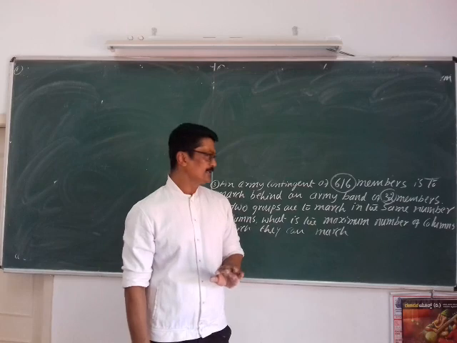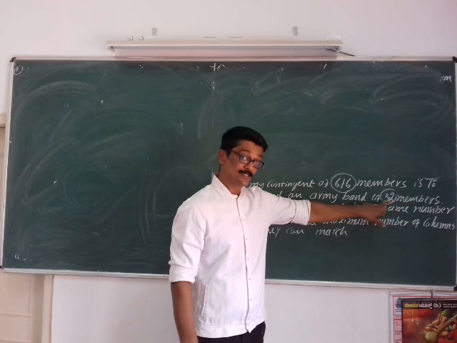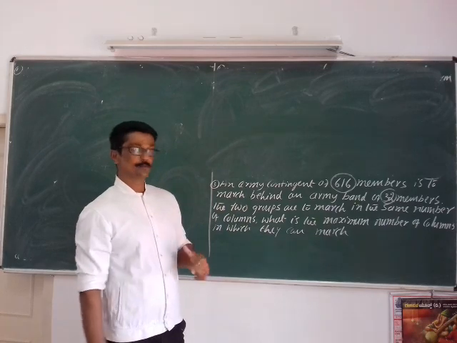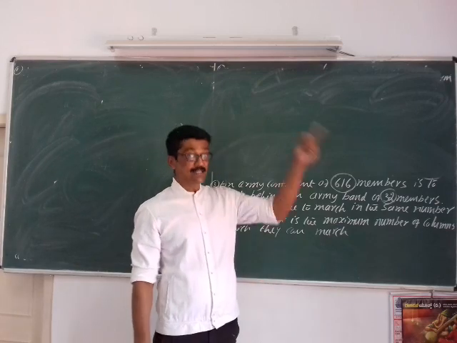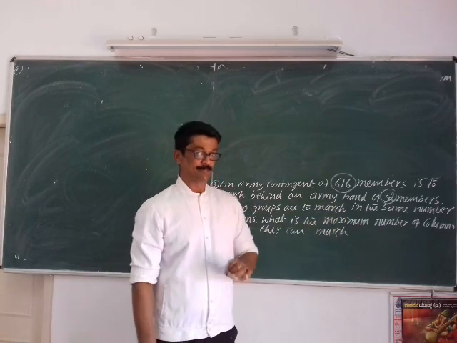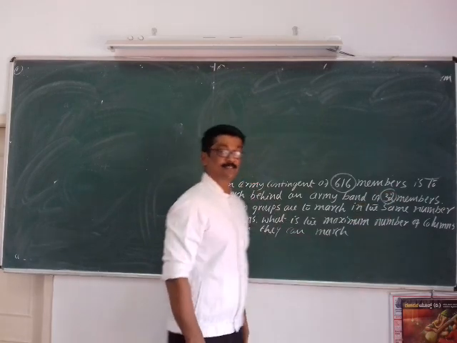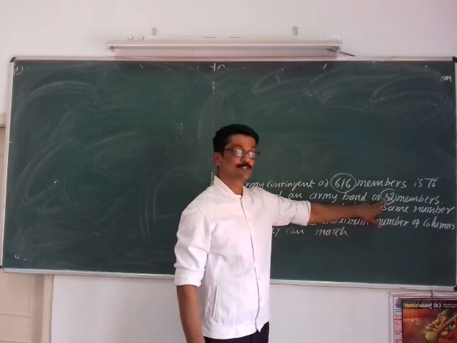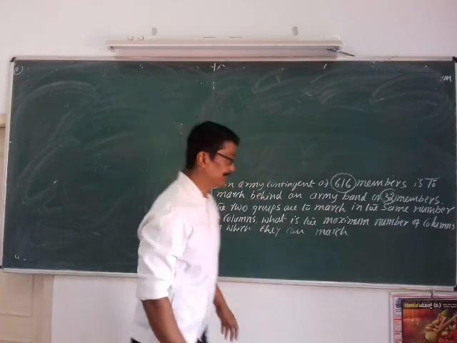Since we are asked for the maximum number of columns, we need to find the highest number which divides both 32 and 616. That means we need to find the HCF of 616 and 32. Among these two, 32 is smaller, so let it be the divisor and 616 the dividend.